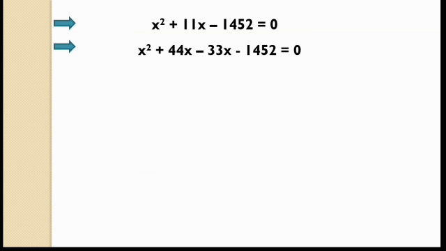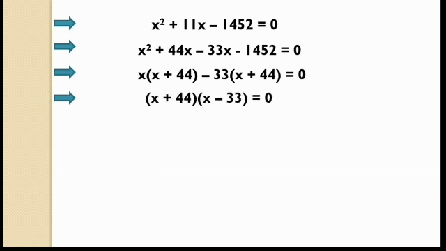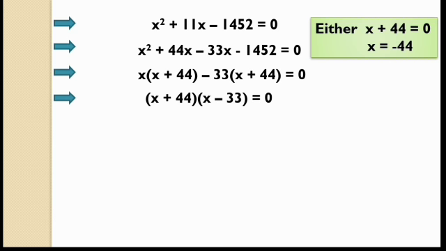x square plus 44x minus 33x minus 1452 equals 0. After taking common, we will get x into (x plus 44) minus 33 into (x plus 44) equals 0. (x plus 44)(x minus 33) equals 0. Either x plus 44 equals 0, we will get x equal minus 44.